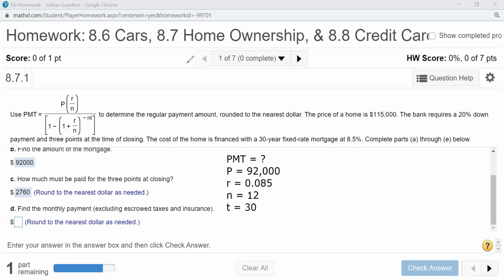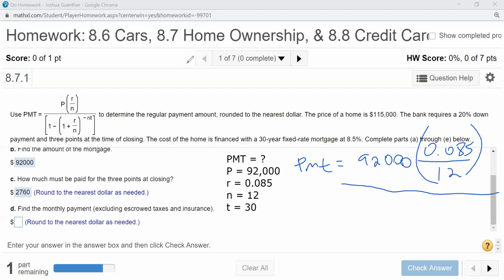But using the formula, and you know, it's a doozy. You can do P, 92,000, times 0.085 over 12. All of that over this nastiness. And we're raising it to a negative exponent here.